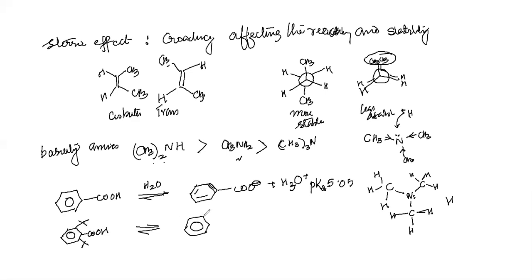Now, under the same condition, COO minus plus H3O plus, the pK value is 6.25. So less acidic.